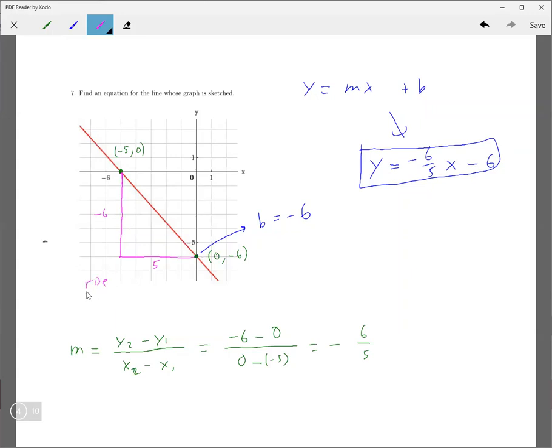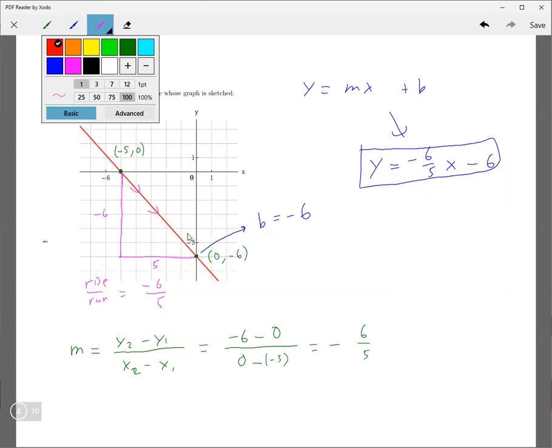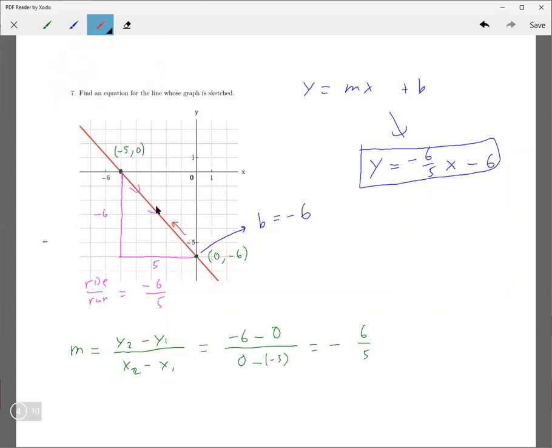So rise over the run is -6 over 5. But that's going from this point to that point. If we wanted to go the other way, from this point to that point, then the rise is actually going up 6, but it's going backwards by 5. So you get -6/5 either way.